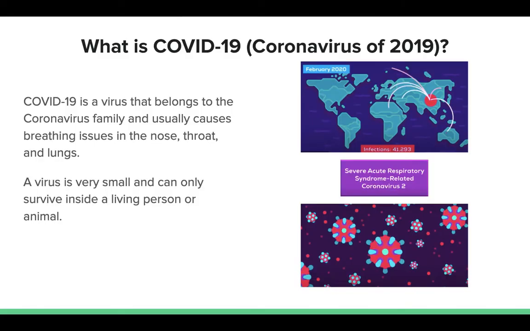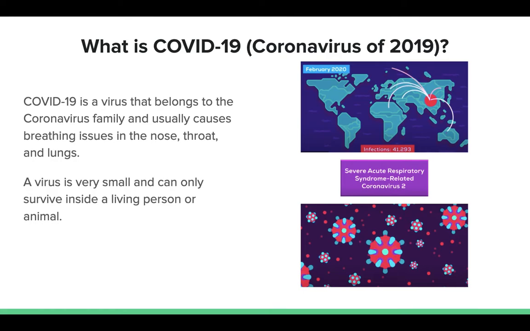Okay, so what is COVID-19? It is called coronavirus of 2019, and this is really kind of a SARS part 2, if any of you are familiar with that from when it happened in the past. So it's basically a virus, and it belongs to the coronavirus family. It causes breathing issues in the nose, throat, and lungs, which I'm sure a lot of you have heard of.